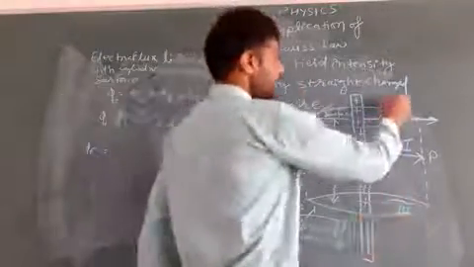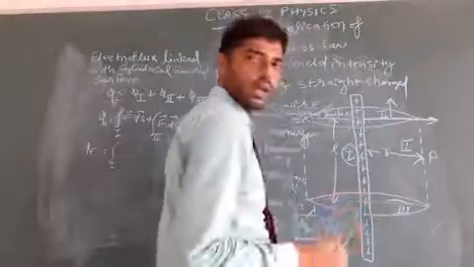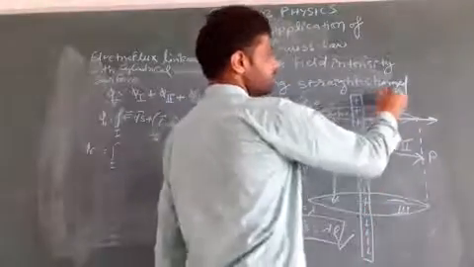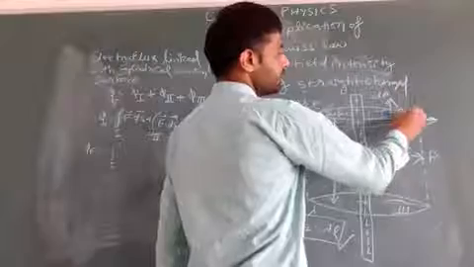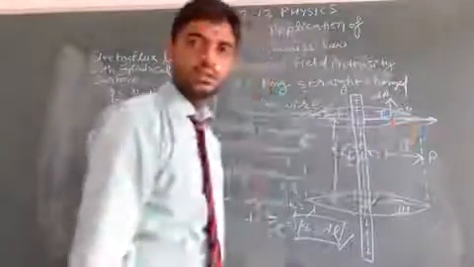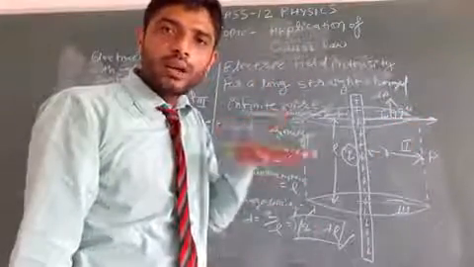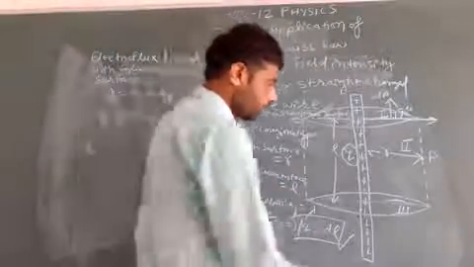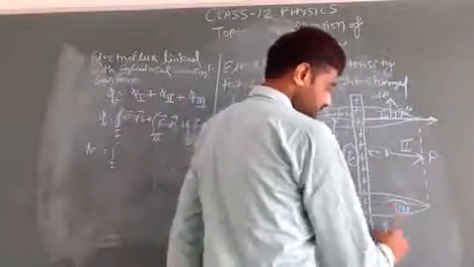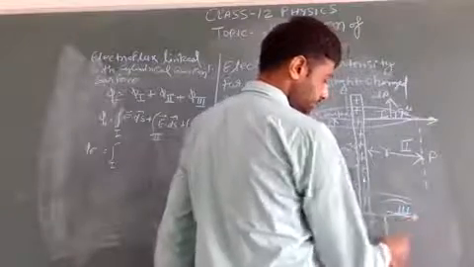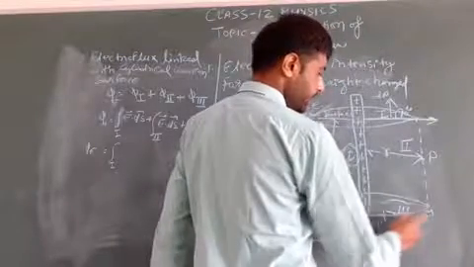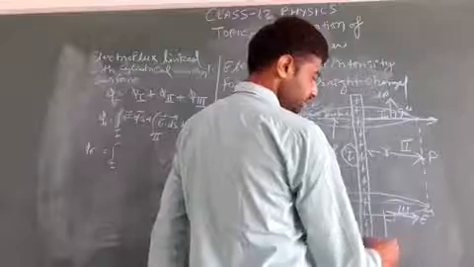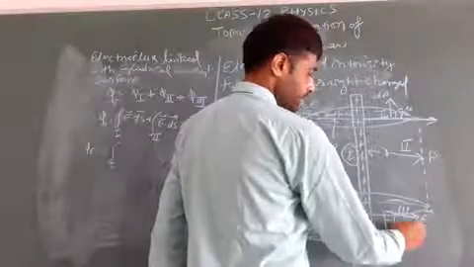So this is the direction of area vector. So you can see clearly the 90-degree angle between electric field lines and area vector. For the bottom, it is similar. This is electric field line and this is area vector, 90 degree.